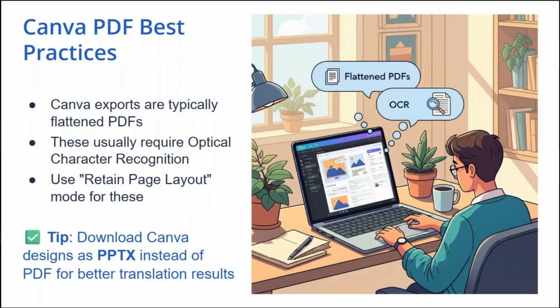You will require an OCR. So for these files, I suggest, if you can, instead of downloading them as a PDF, try downloading them as PPTX, as PowerPoint files. That way you will be able to process those files in Pairaphrase and you will have no issues. You will get really good results.